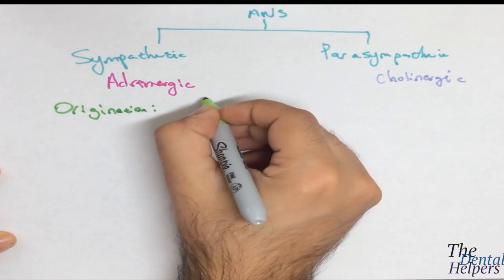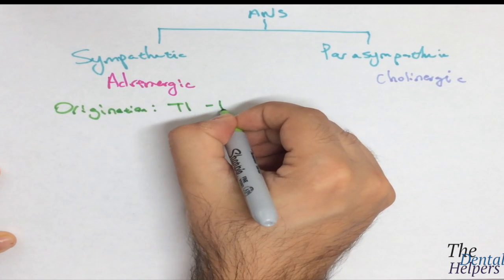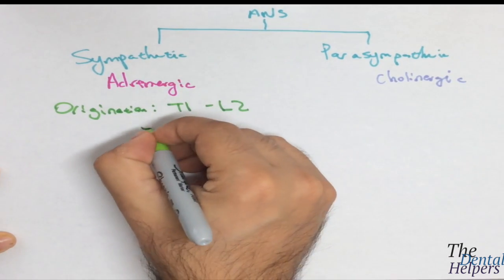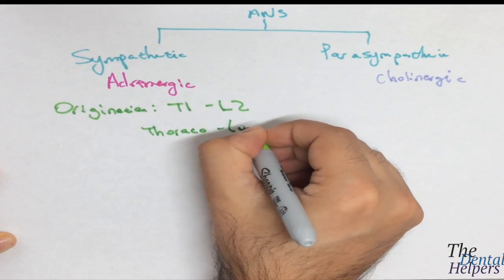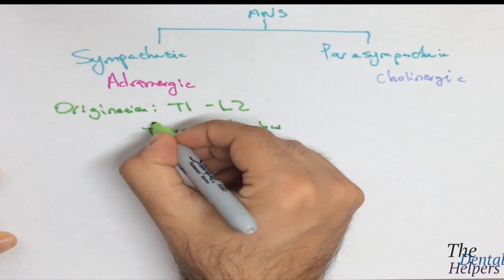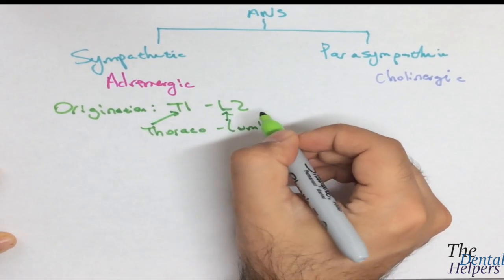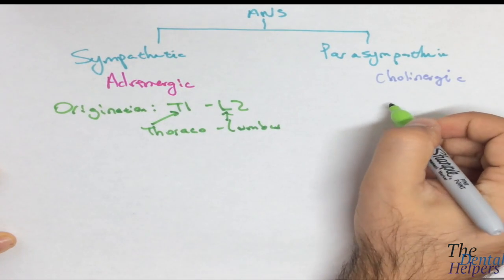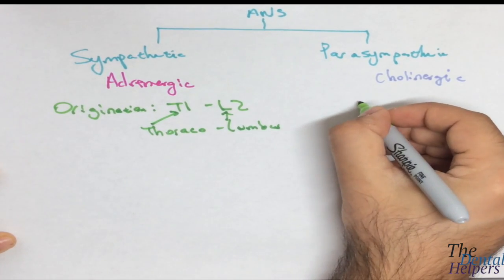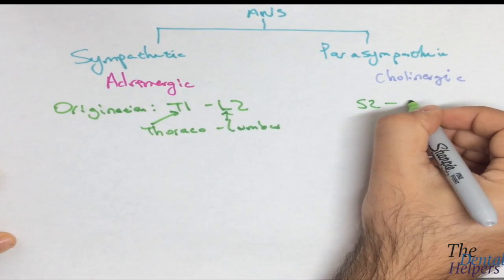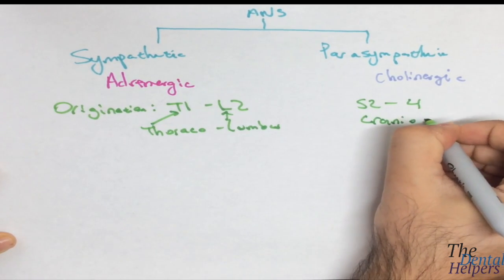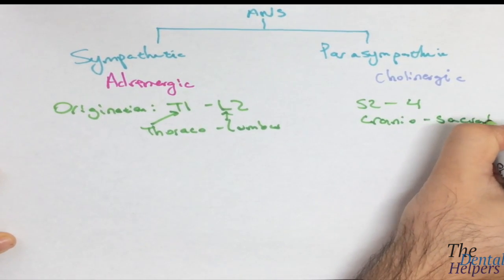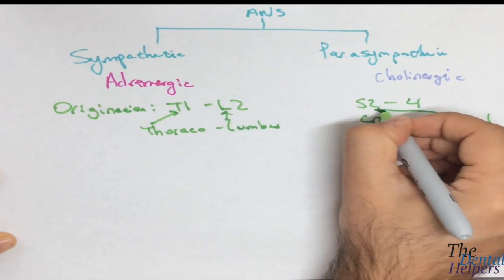So for the sympathetic, it's going to be around the T1 to L2, and this is the thoracolumbar system, while the parasympathetic is in the range of the S2 to S4, and that's the craniosacral system.